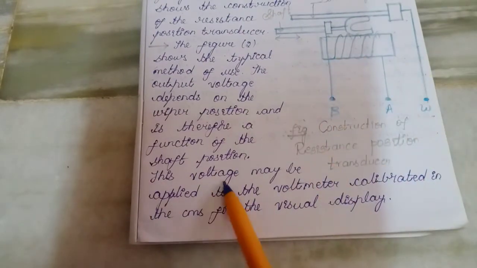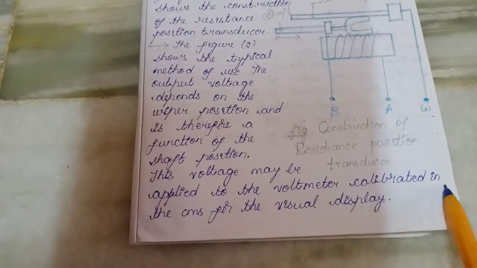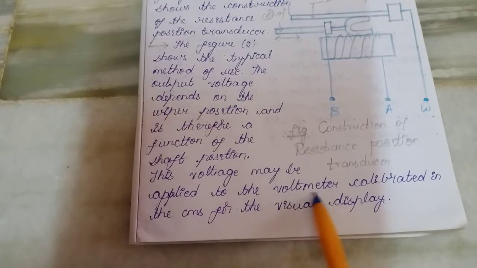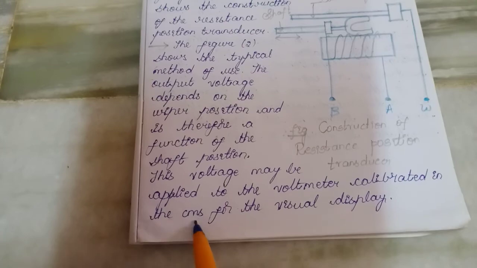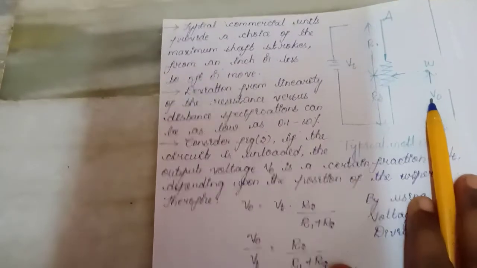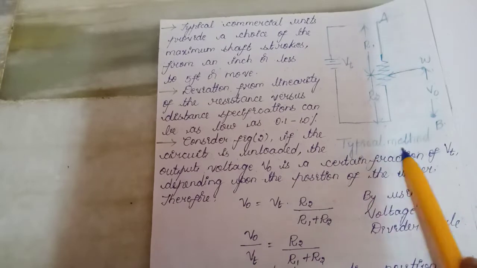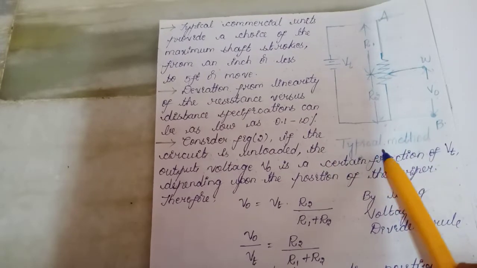The output voltage is connected to the voltmeter, calibrated in centimeters, so it shows how much displacement has occurred for the visual display. This is the typical method of usage of the resistance position transducer.